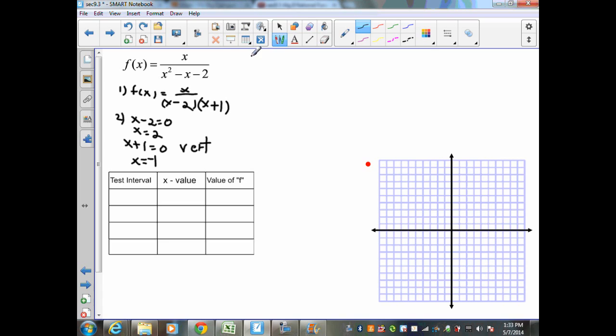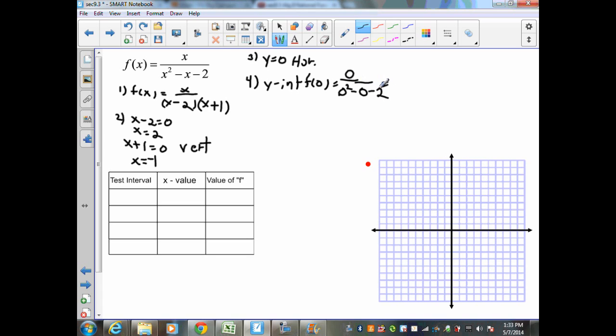Step 3, I need to find my horizontal asymptote. Since the degree of the denominator is bigger than the degree of the numerator, I have a horizontal asymptote at y equal to 0. That's my horizontal asymptote. Now on step 4, I need to find my y-intercept, which is going to be f of 0 equals 0 over 0 squared minus 0 minus 2.